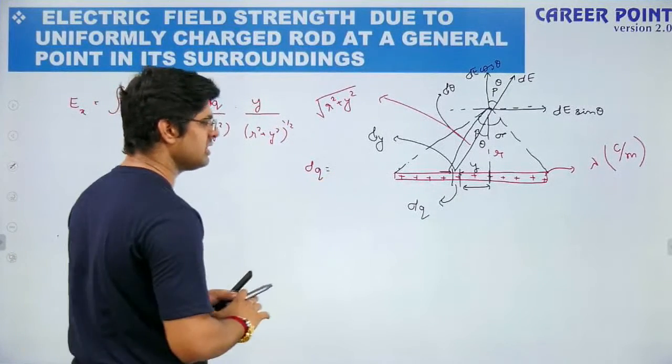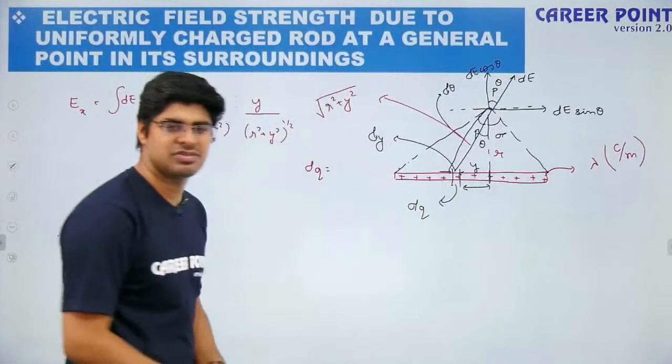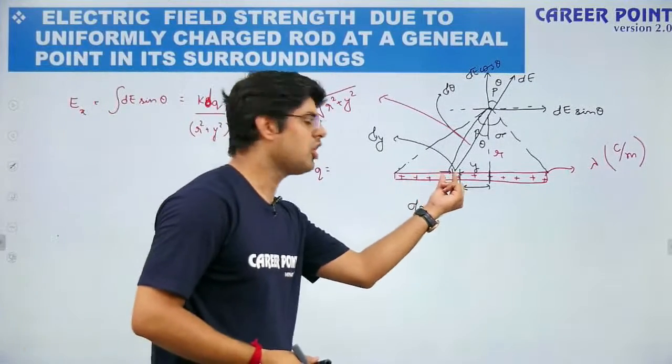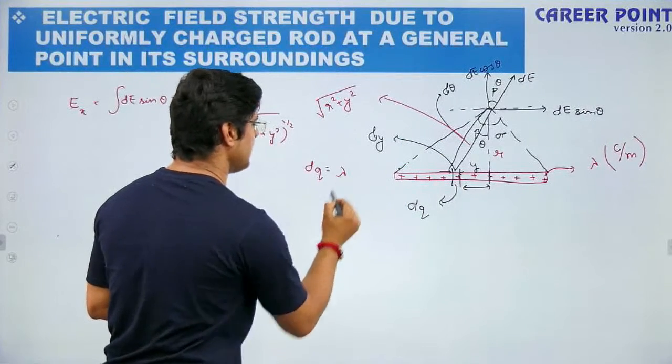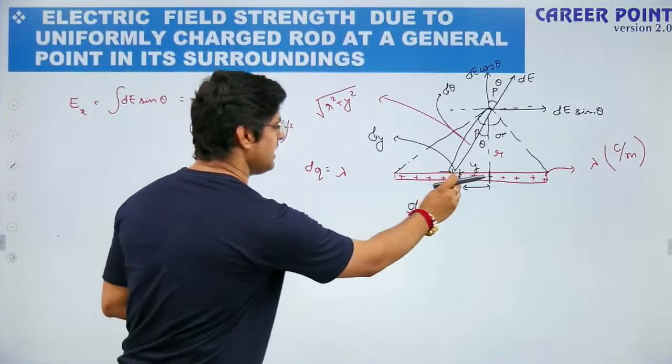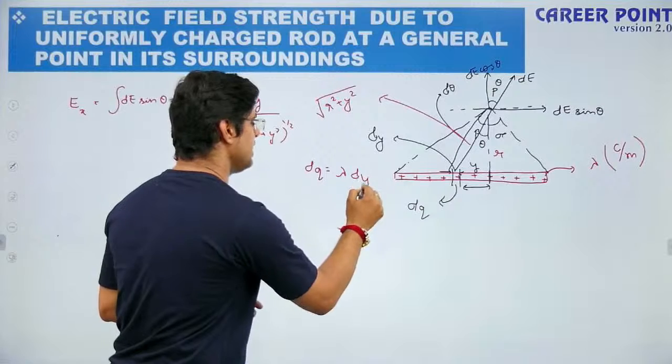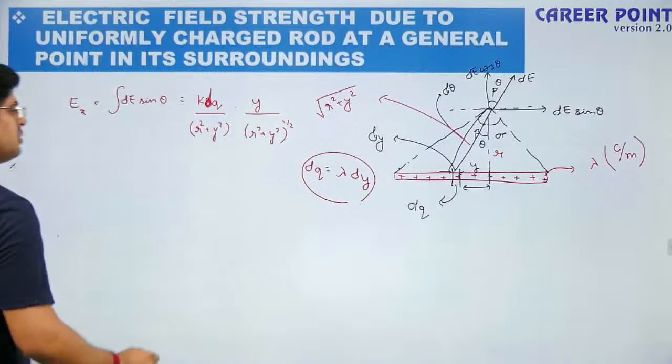What will be the value of dq here? We have already told that the length of this elemental charge which we have considered will be dy. So the charge per unit length will be lambda and the length of this element will be dy, so we can write dq as lambda dy.